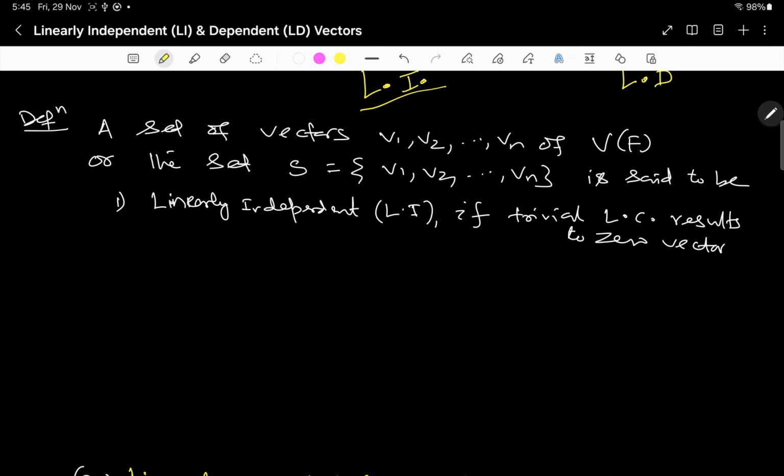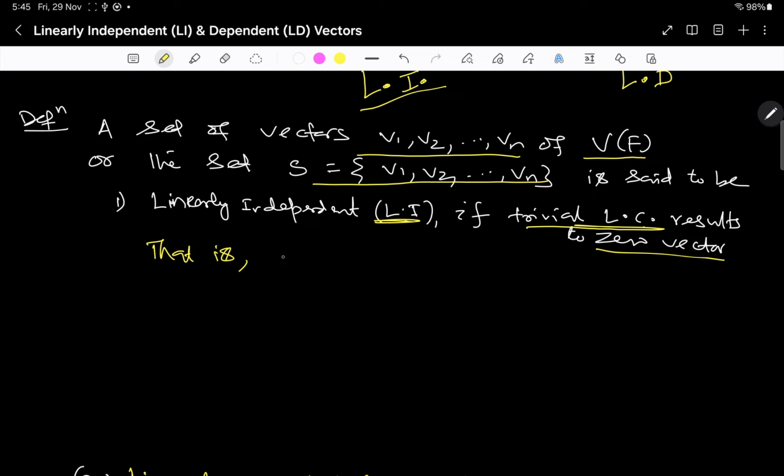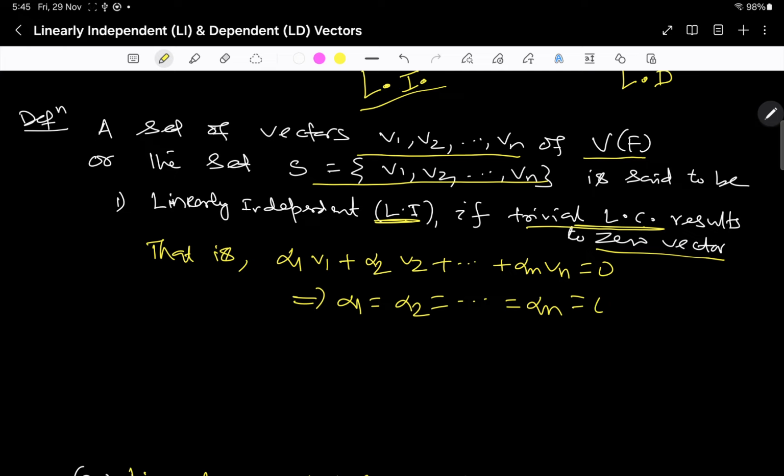Now the definition. A set of vectors v1, v2, ..., vn over a vector space is said to be linearly independent, LI, if the trivial linear combination results in the 0 vector. That is, alpha 1 v1 plus alpha 2 v2 plus dot dot alpha n vn equal to 0 implies alpha 1 equals alpha 2 equals alpha n equals 0, where alpha i belongs to the field.